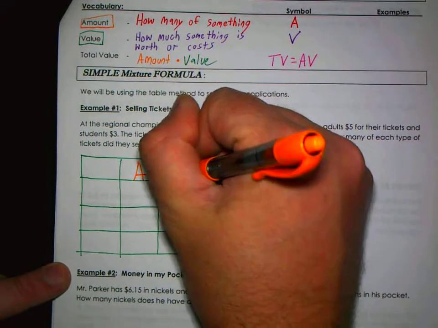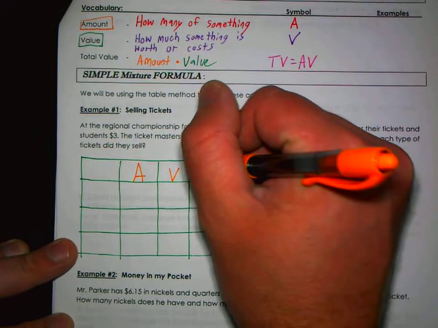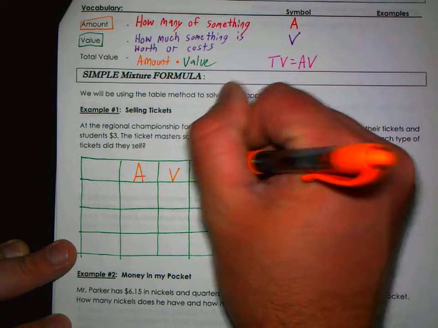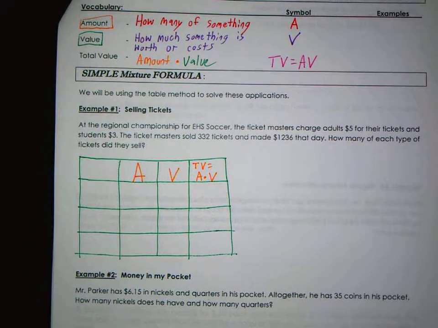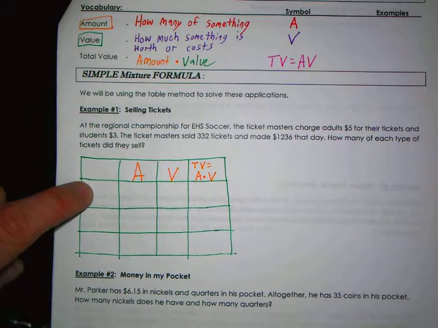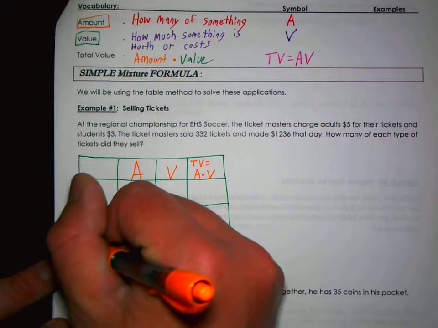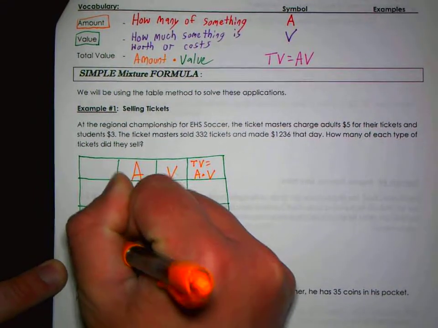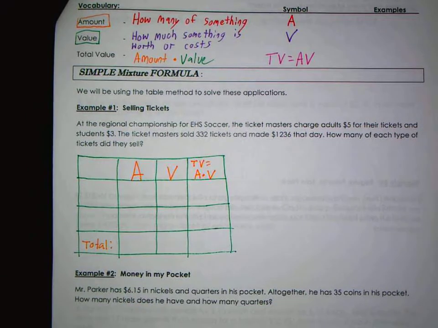This is going to be your value, how much it's worth, costs. And we're going to have this be our total value, which equals A times V. So we have our 2 variables, and then our total column that way. And then here, it's going to depend on what we're talking about. And then this is going to be our total. Yesterday we put in on investment number 2. We also put CD, savings.